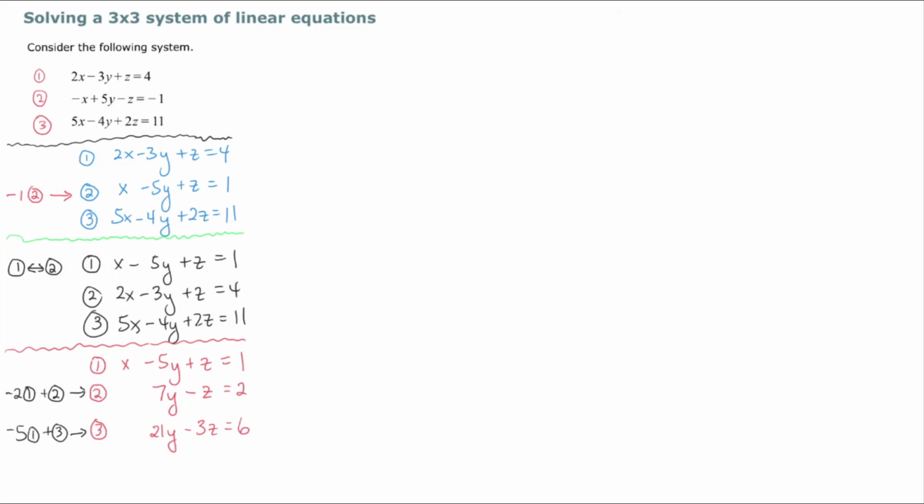I'm going to do negative 3 times equation 2 and then add it to equation 3. First thing I'm going to do is keep the same equation 1, x minus 5y plus z is equal to 1. We're going to keep the same equation 2, 7y minus z is equal to 2.